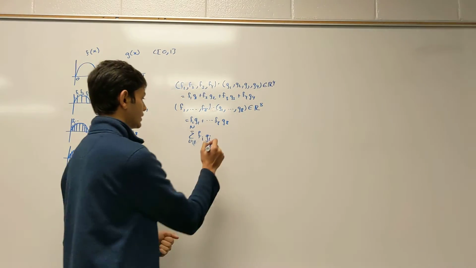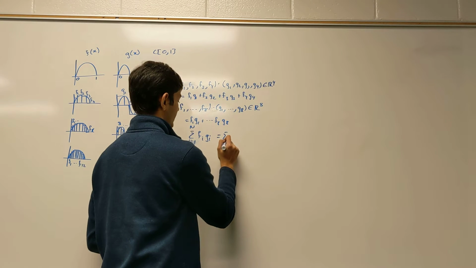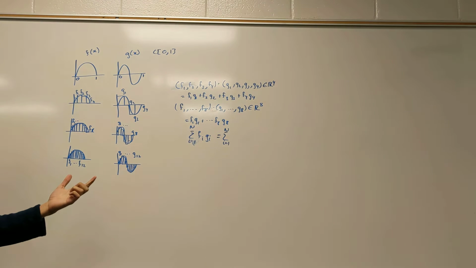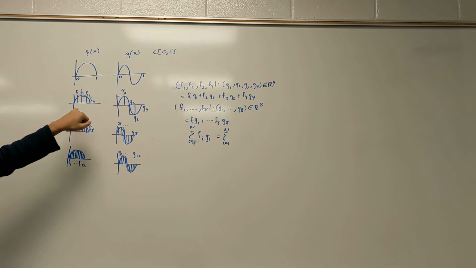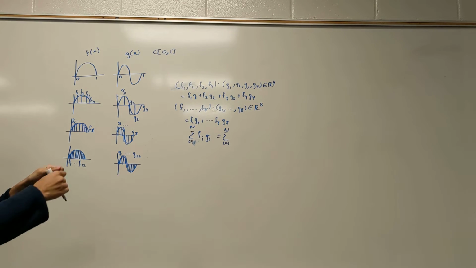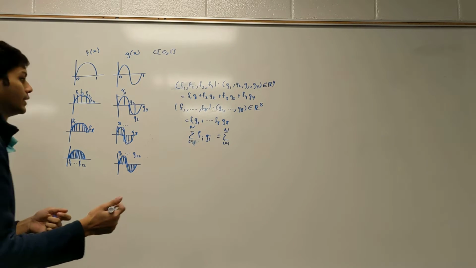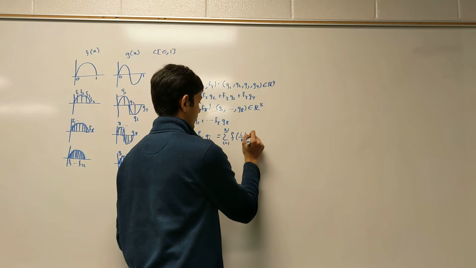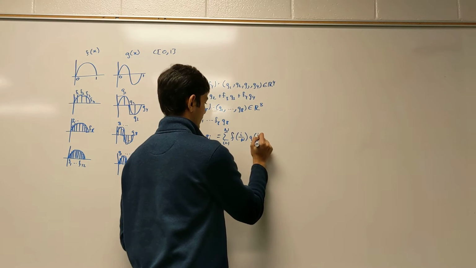So to write it a bit more explicitly, this is the sum from i equals 1 to n. And so what we're doing is splitting up the interval 0, 1 into n different intervals, and we're looking at the right endpoint of those. So f sub i is just f of i divided by n, and g sub i is g of i divided by n.